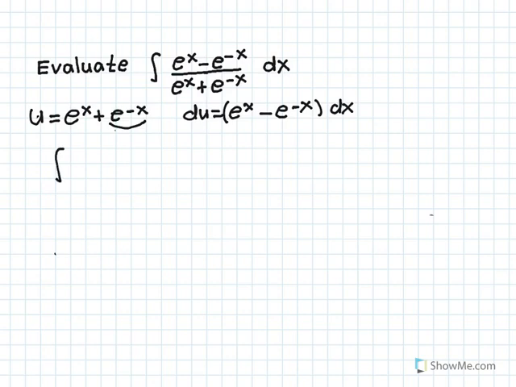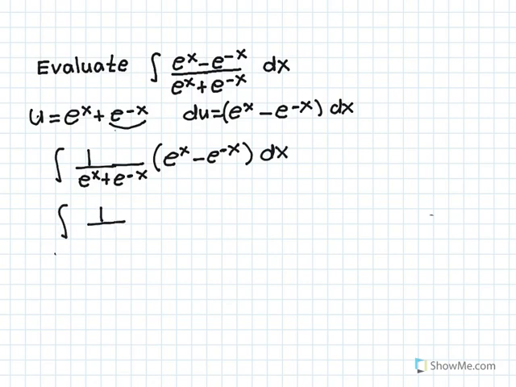So let's rewrite the integral as 1 over e to the x plus e to the minus x times e to the x minus e to the minus x, all in brackets, times dx. So what we have is 1 over u, that's the denominator is u, and this part here is going to be du.